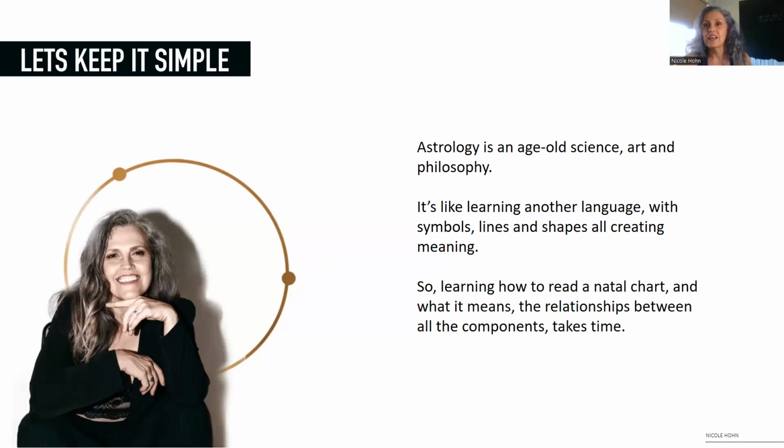And it's very much like learning another language because it has symbols, there's lines, and there's shapes, and they all create meaning to help you understand what your natal chart is saying. So learning how to read a natal chart and what it means, the relationships between all of those components, takes time, it takes practice. There's a lot in a chart to know, to be able to look at it, to understand and interpret it.